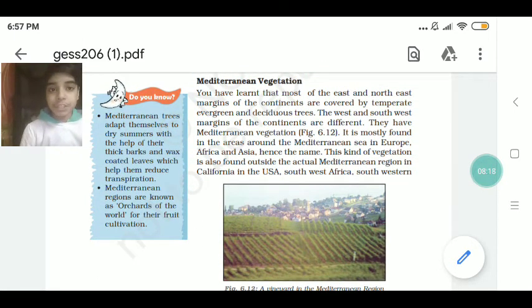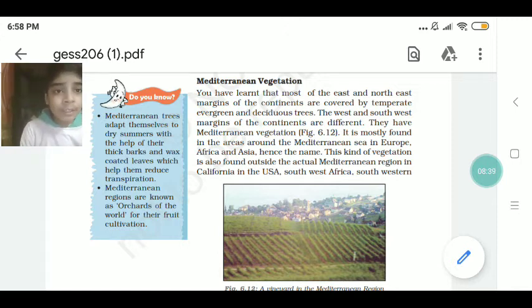to Mediterranean vegetation. We have discussed these facts. Now we are going to discuss the full paragraph. You have learned that most of the east and northeast margins of the continents are covered by temperate evergreen forest and temperate deciduous forest. The west and southwest margins of the continents are different. They have Mediterranean vegetation.